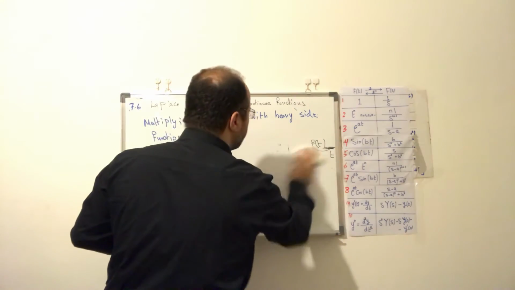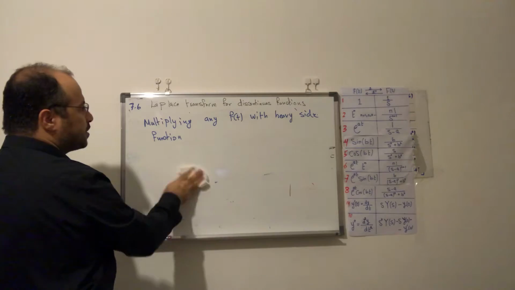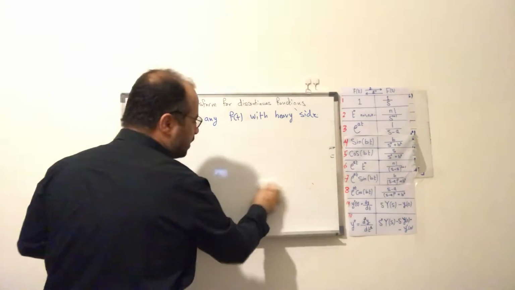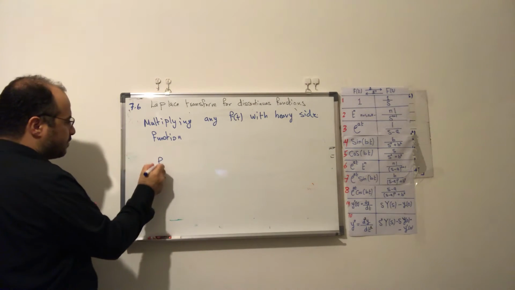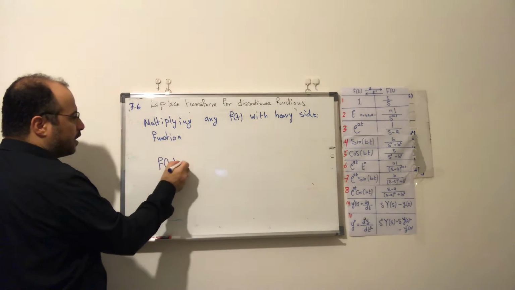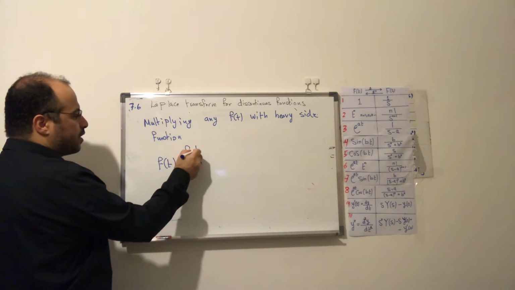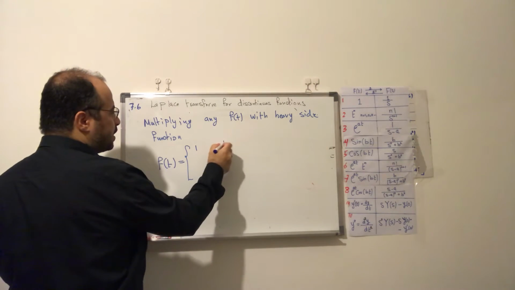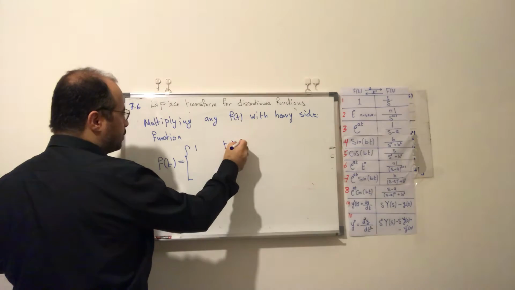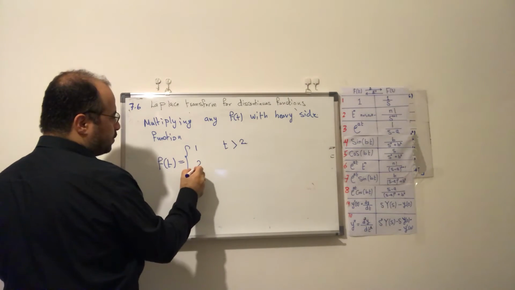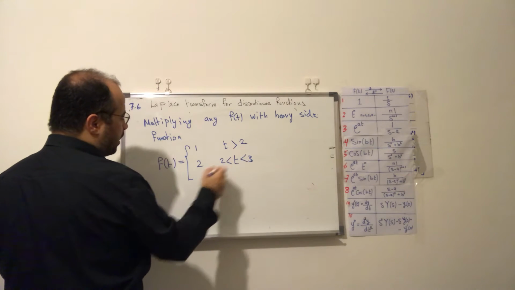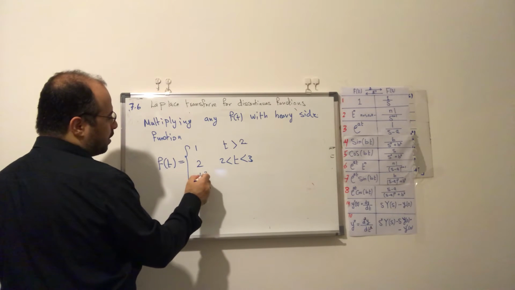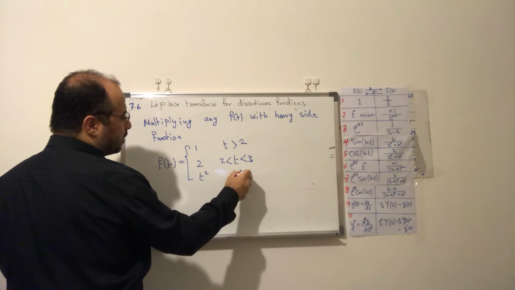Note that any function with jump discontinuity can be written using the Heaviside. So I can go, for example, with a function like this. If you have f of t which is 1 when t is between 0 and 2, and you have 2 when t is between 2 and 3, and you have t squared when t is bigger than 3.